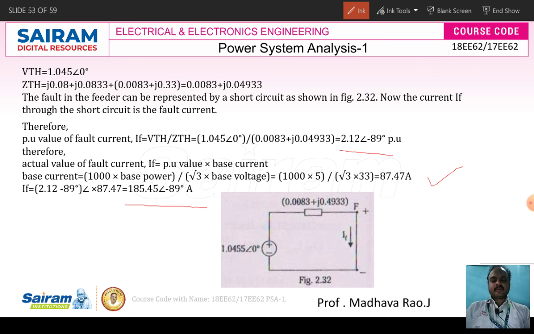Substituting, we get the fault current as 185.45 at an angle of minus 89 degrees amperes. This is the fault current.